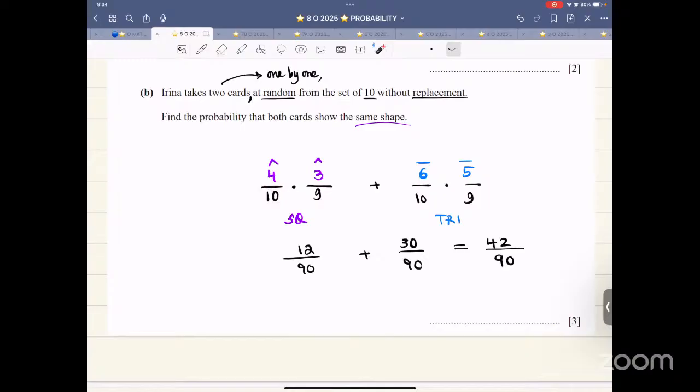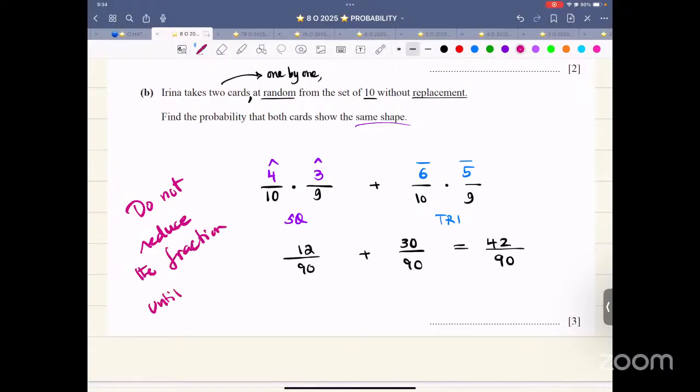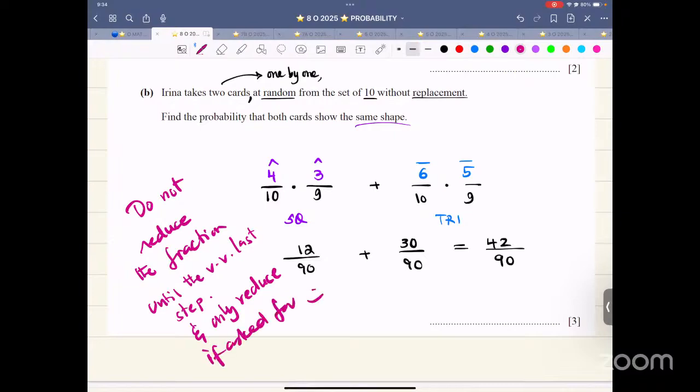And make a habit of probability. What needs to be taken care of? Do not reduce the fraction until the very, very last step, and only reduce if asked for in the very, very last step.